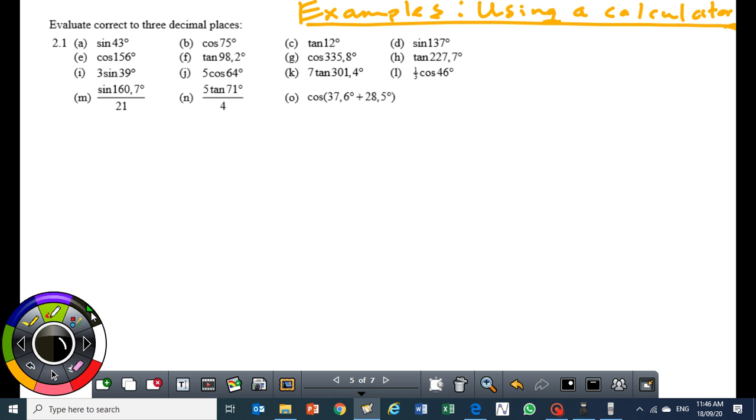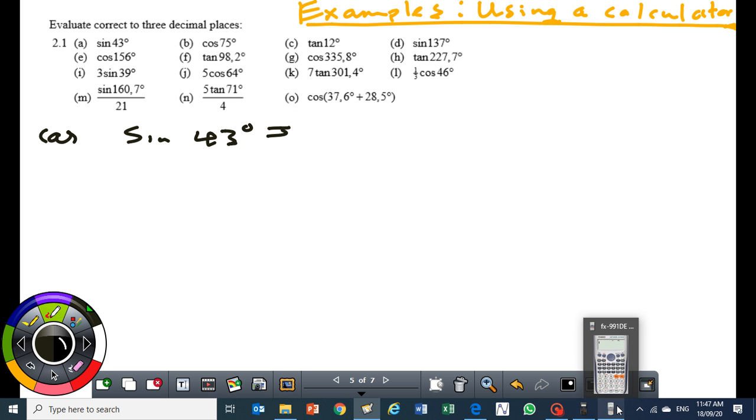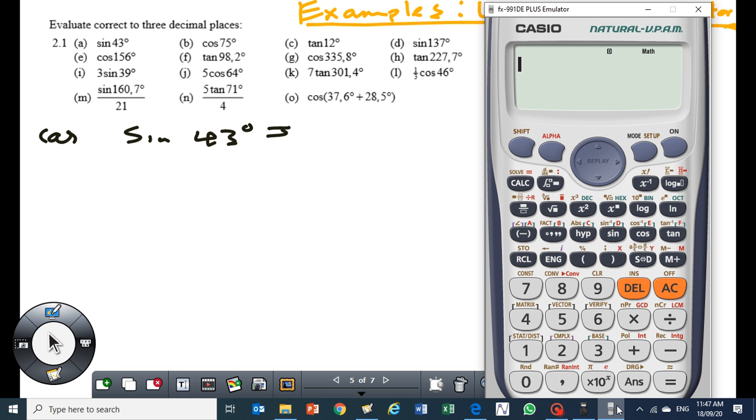All right. Let's start with A. You have sine 43 degrees. So what you do, you just take out the calculator. Then you press sine. It's 43, so it will be 43. Then you close the bracket, then you press equals. It gives you that.